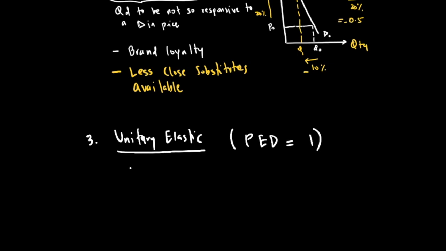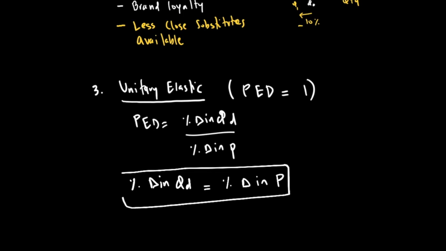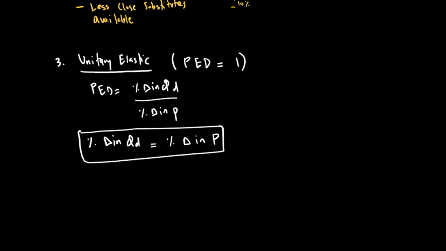Well, PED is simply percentage change in QD over percentage change in price. So if I am getting a value of 1, this means the denominator and numerator have to have the same value. In other words, percentage change in QD must equal percentage change in price. Now that would make my value equal to 1, or in that case minus 1, but we're ignoring the minus sign.